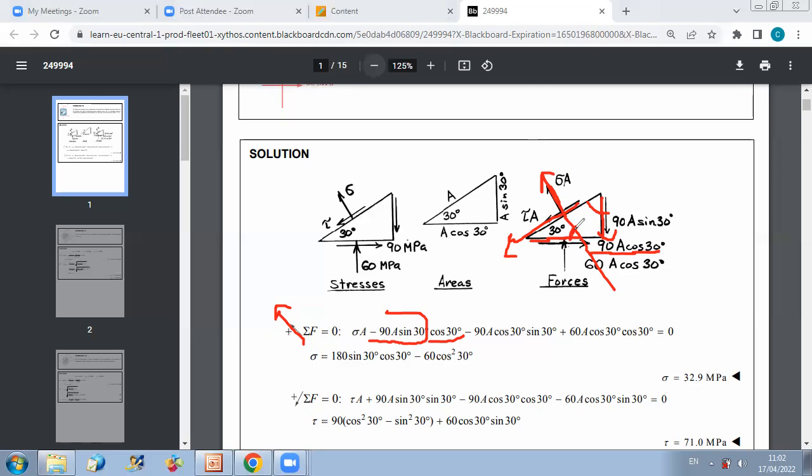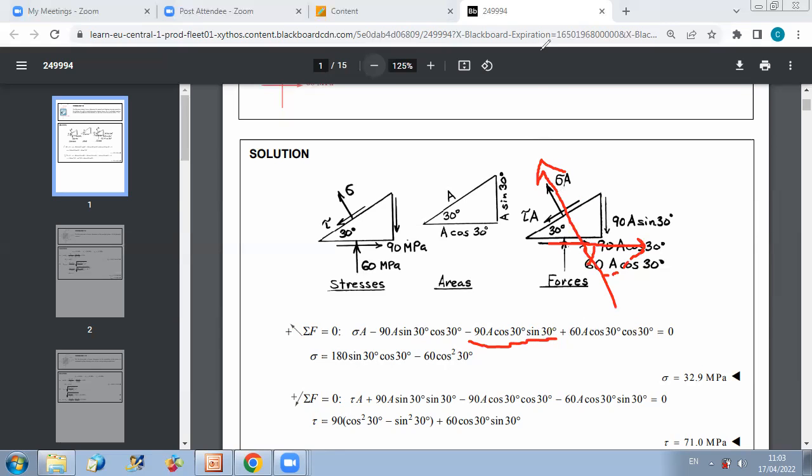This angle is 60 degrees. From my figure, we can see that this is my positive direction up, and if I project this force, it will have a negative projection, and the angle is 60 degrees here. So as we mentioned, we can do cosine 60 or sine 30. So it's minus 90A cosine 30 times sine 30.